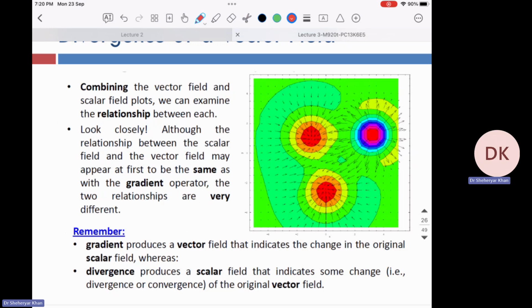Gradient produces vector field that indicates the change, and also the input of a gradient must be scalar value. And the second point, divergence produces scalar field, and the input should be a vector field, right? So the functionality looks like input and output are totally opposite.